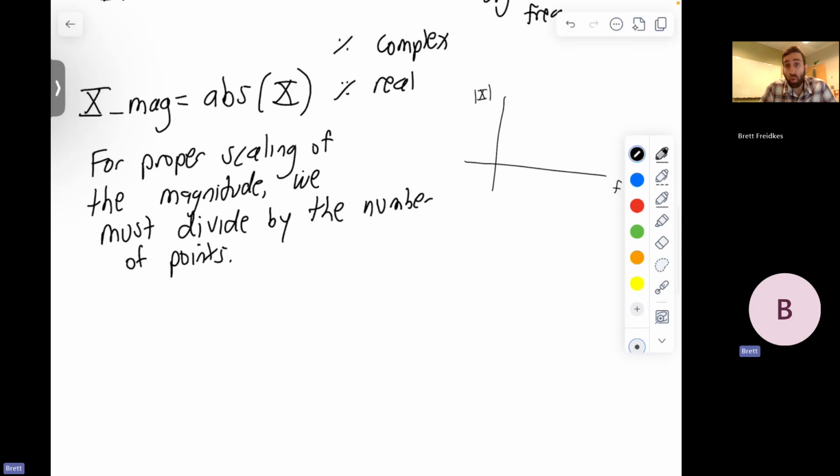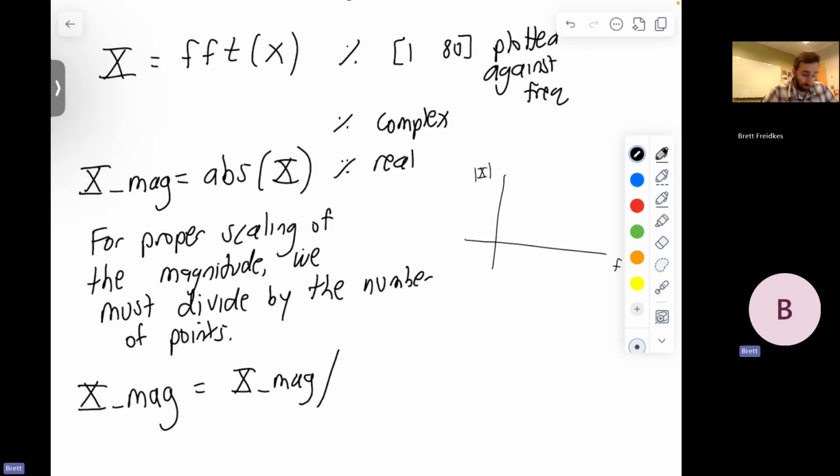We're not going to talk about why in this video, but in order to get the proper magnitude, I have to take the original one and divide by n, which is the number of points.